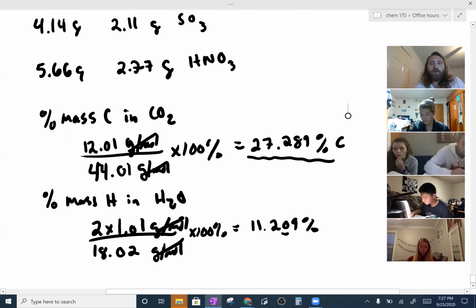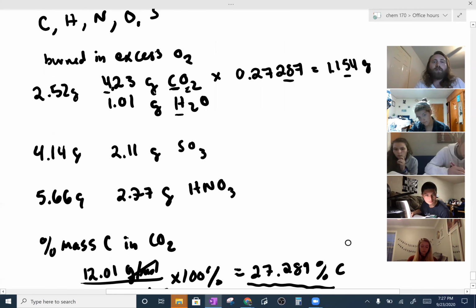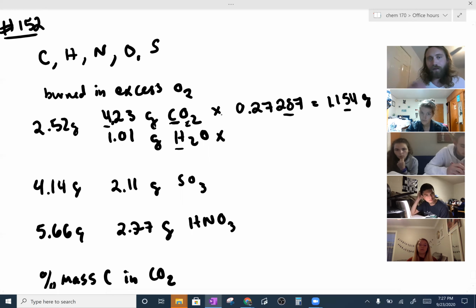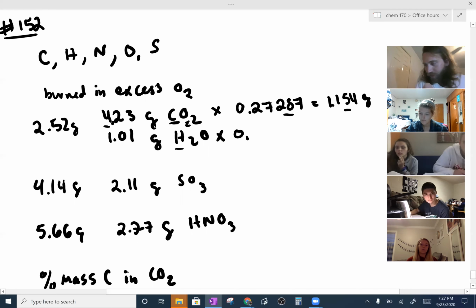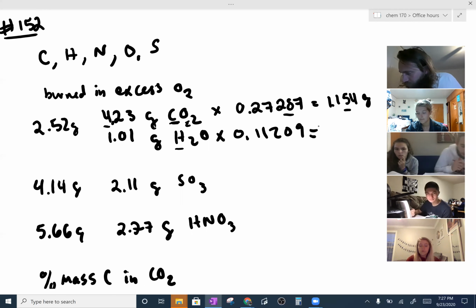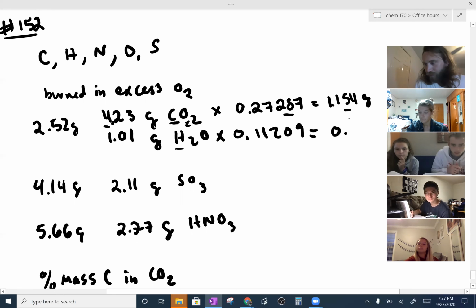Okay, so now I just come up here to the mass of water that we got, and we multiply this by the mass of hydrogen, because again, I only trust the hydrogen here. I don't trust the oxygen because everything is in excess of oxygen. So now I just take this and multiply it by the decimal value, 0.11209, and I get 0.01256. And that's also 3 sig figs.